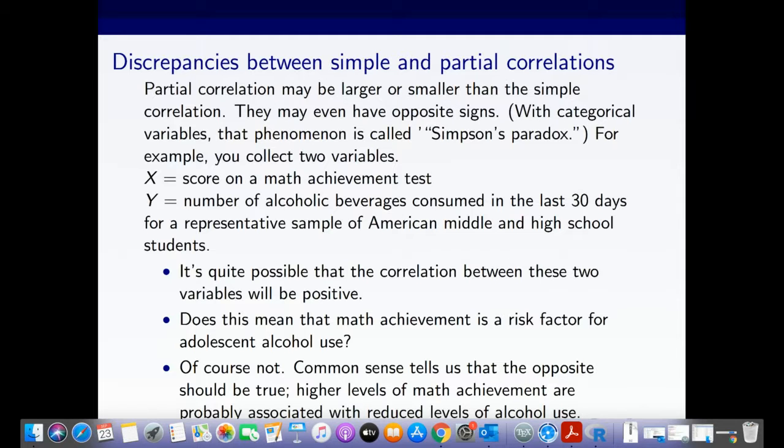Does this imply that math achievement is a risk factor for alcohol use of the students? In common sense, it's no, right? The opposite may be true. Higher levels of math achievement are possibly associated with reduced levels of alcohol use.